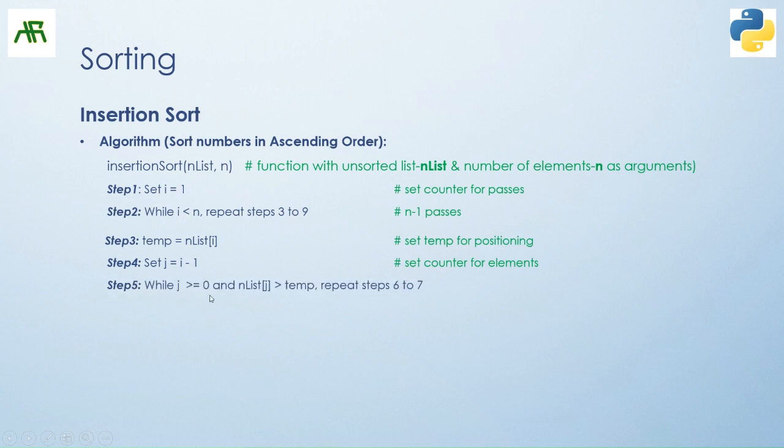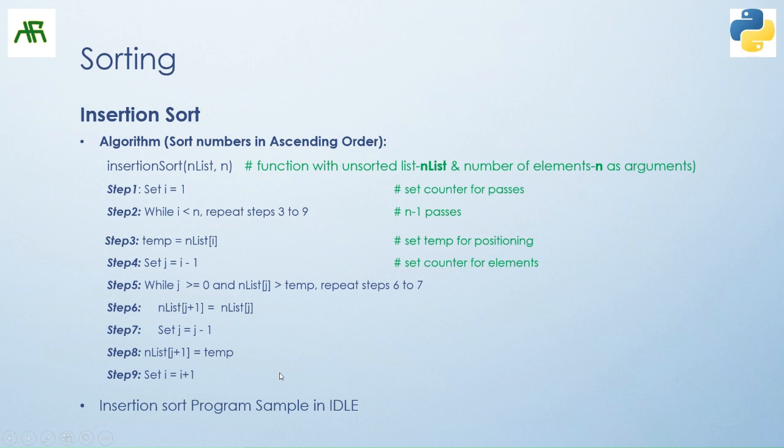While j is greater than or equal to 0 and the jth element in the list is greater than temp, repeat steps 6 to 7. Step 6 is swapping: set the element at position j plus 1 to the element at position j, and set j to j minus 1. Now the j plus 1 element will be set with the temp value, which is the ith value, and set I equal to I plus 1.